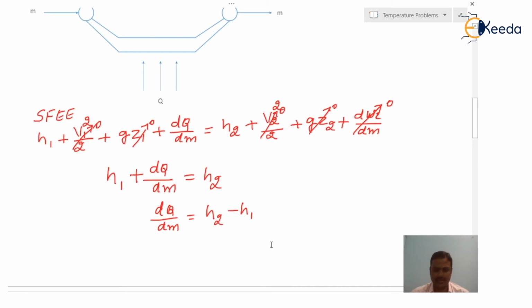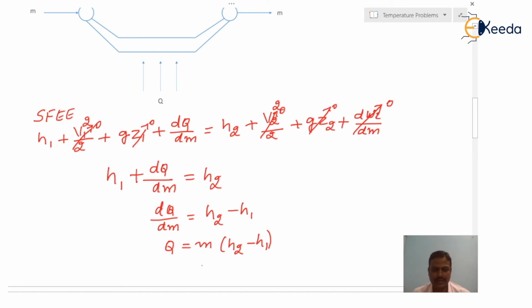so this can also be written as Q = m(h2 - h1), as we write dq as Q and dm as m for the total heat transfer. So Q = m(h2 - h1).